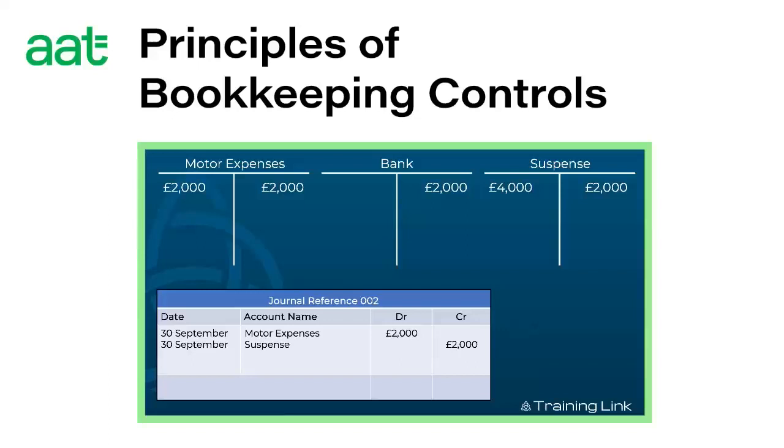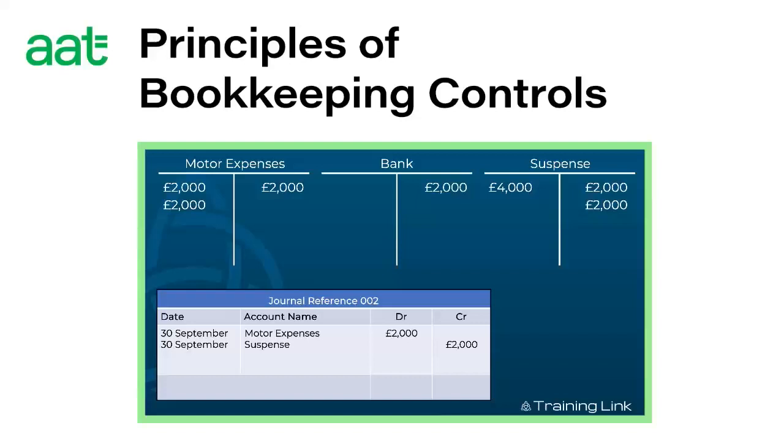Now the next transaction is basically going to be the exact same again. Because remember, we're trying to get our motor expenses account to a £2,000 debit balance. So what we would do is we would further debit our motor expenses for £2,000 and we would credit our suspense for £2,000.